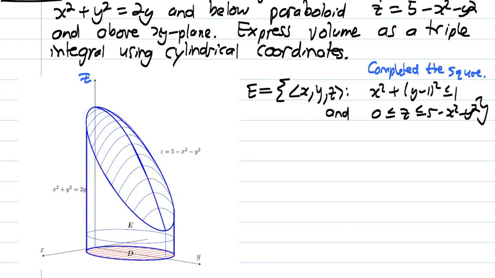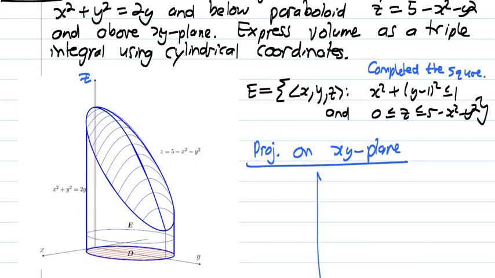Now, we're going to use cylindrical coordinates. So again, we're going to look at the projection on the xy plane. So if you take region E and you project it onto the xy plane, you will see that it is a circle as before, but this time around it is a circle of radius 1, centered at the point (0, 1).